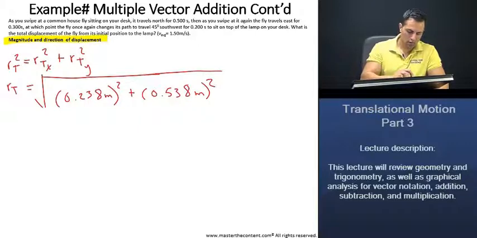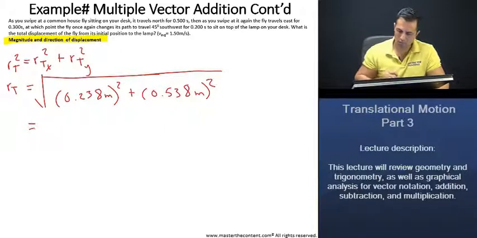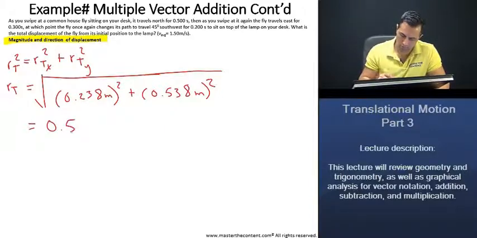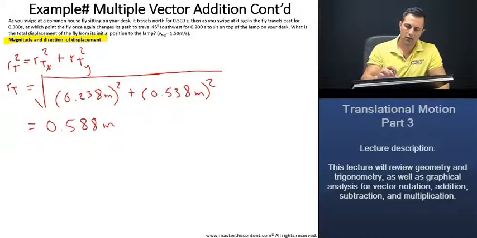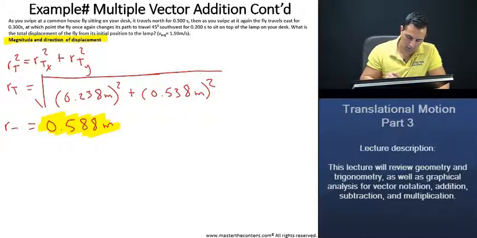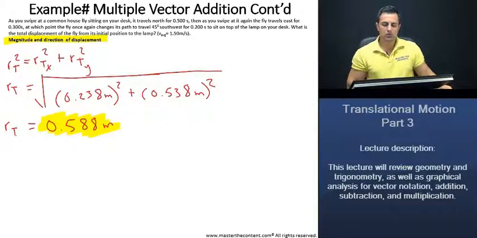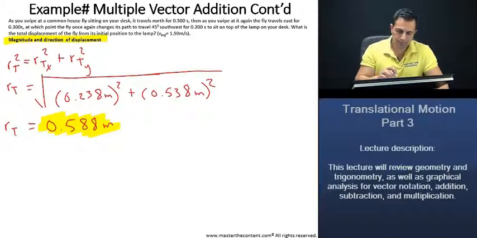Once we equate this, we will get a value of 0.588 meters. Thus, the magnitude of the displacement is going to be 0.588 meters.